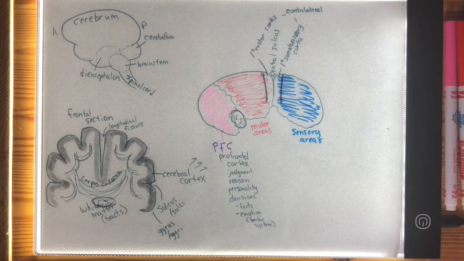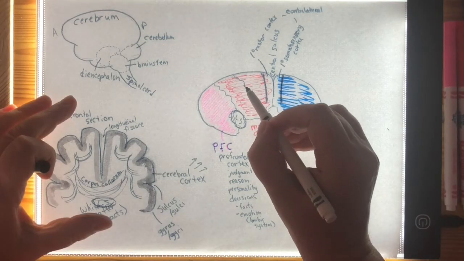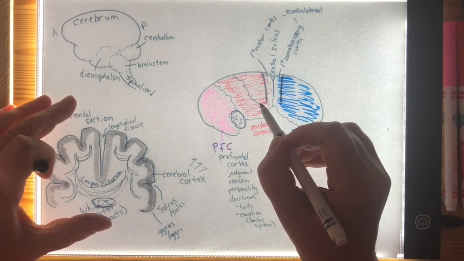And additionally, there's opposite control of the primary somatosensory cortex, where if your right finger touches something, it is experienced in the left primary somatosensory cortex. And if your left finger touches something, that will be experienced on that representation of that finger on the right side of the primary somatosensory cortex. Contralateral.